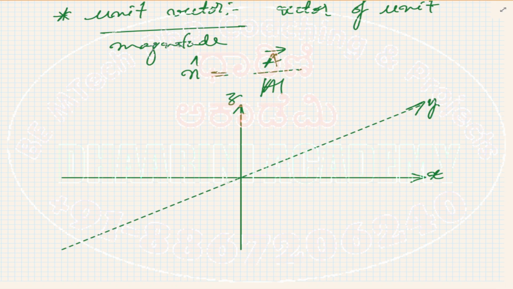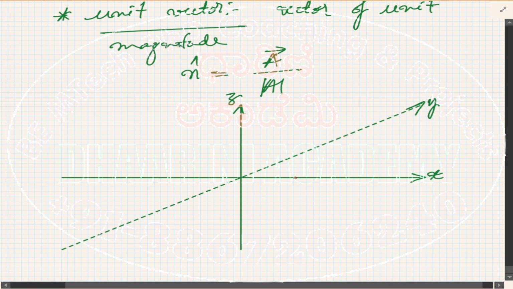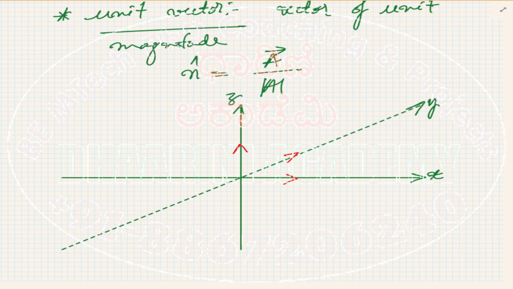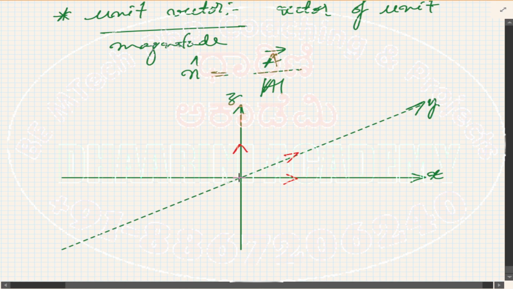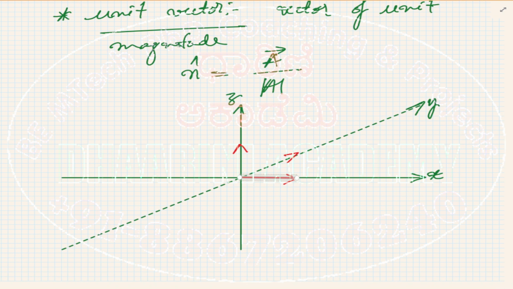There are unit vectors measured along each of the axes: a unit vector along the X axis, a unit vector along the Y axis, and a unit vector along the Z axis. Unit in the sense that its magnitude is 1. So if you measure the distance from the origin to this point, it is equal to 1.